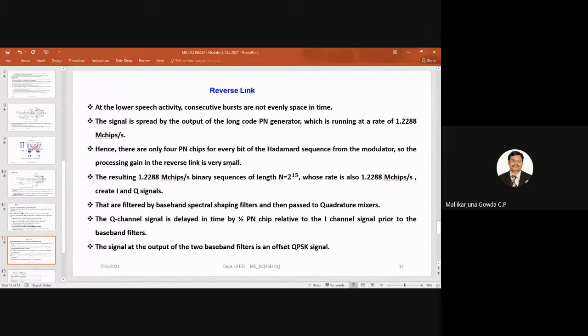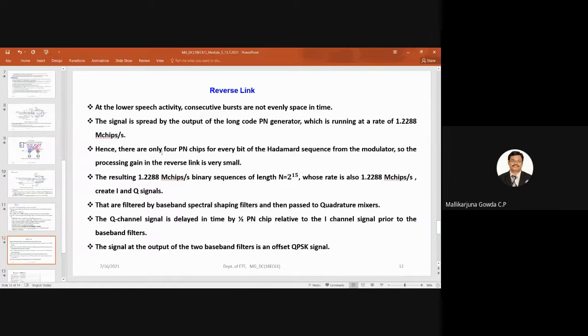Similar to other speech activities, there will be consecutive bursts which are evenly spaced in time. The signal will be spread by the output of the long code PN generator, which is running at 1.2288 megachips per second.